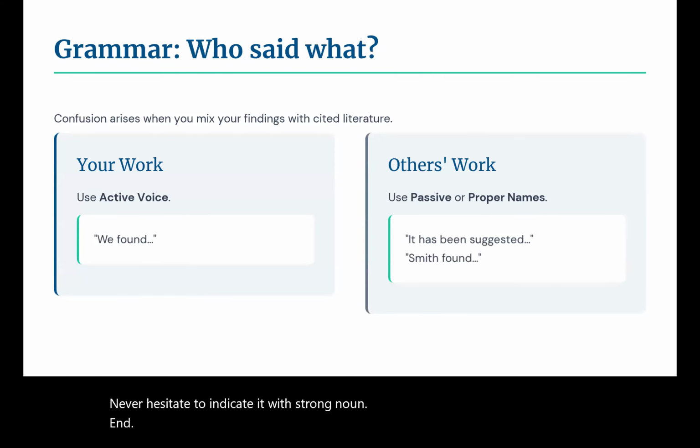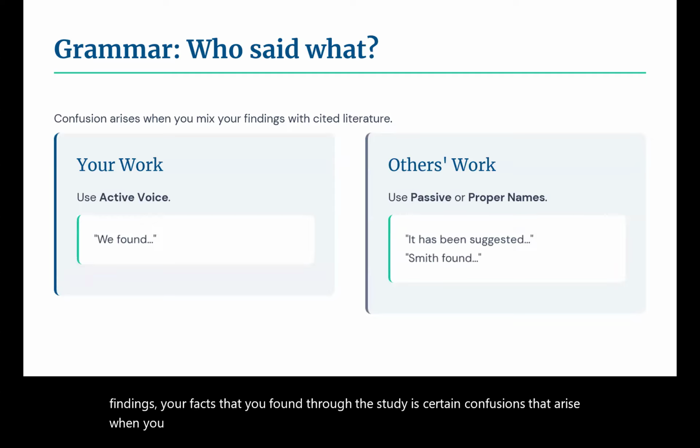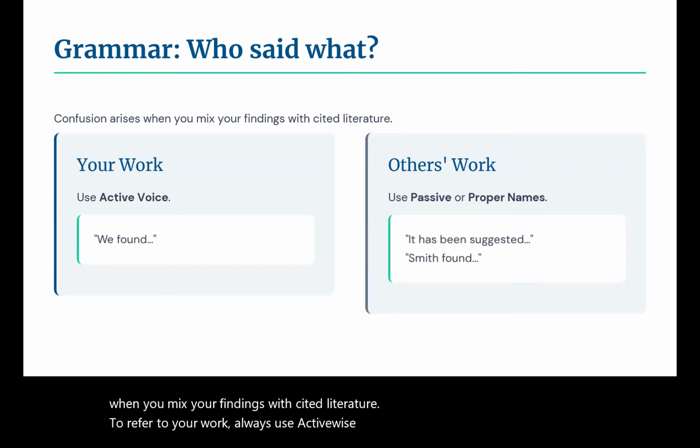And one of the critical things when you come to refer to literature and you write your findings, the facts that you found through your study, is certain confusions that arise when you mix your findings with cited literature. To refer to your work, always use active voice. We found, I found, the study found, right?